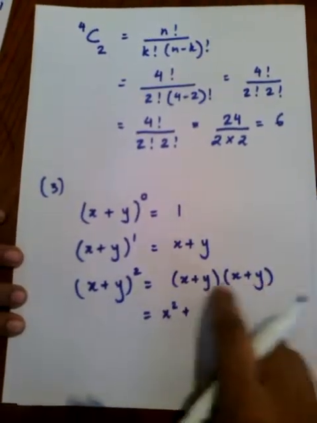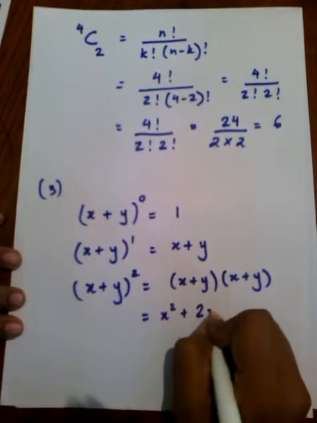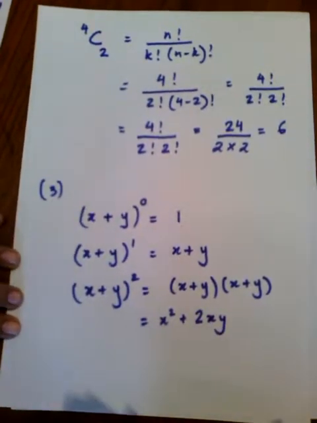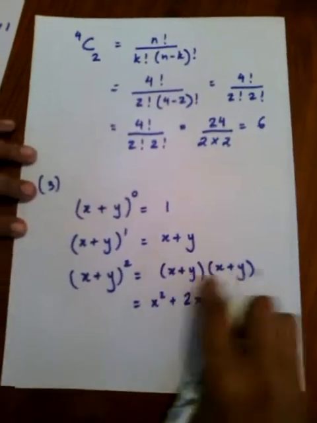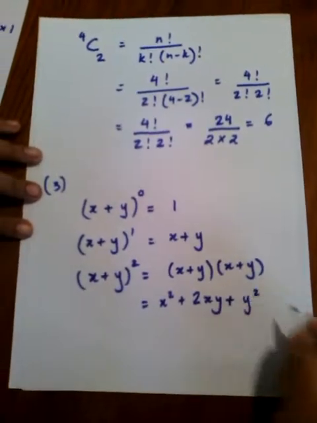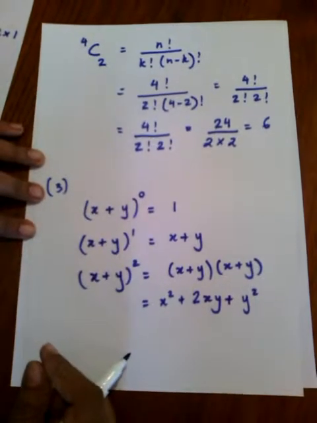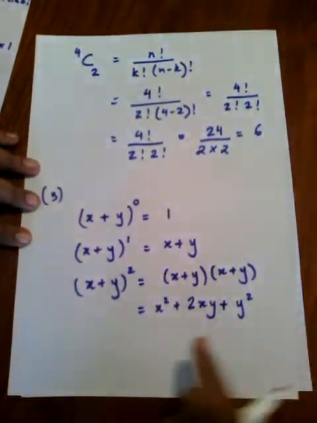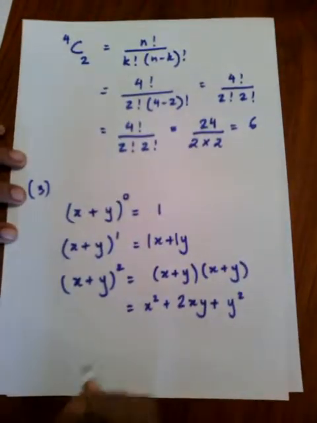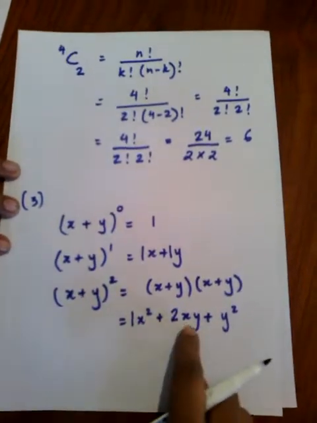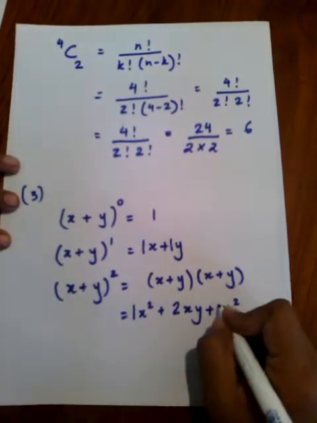So x times y plus y times x is 2xy, because y times x is the same as x times y. And you need to add the final term, which is y squared. What is meant by the coefficient of any of these terms is the number that lies before the alphabet. So it's 1x plus 1y, for instance, 1x squared plus 2xy plus 1y squared.